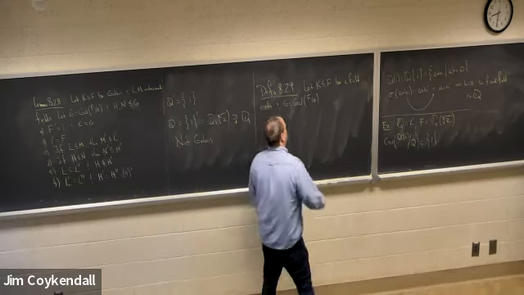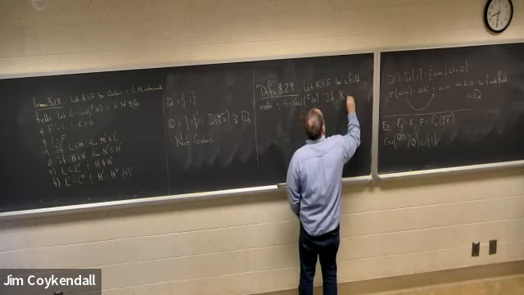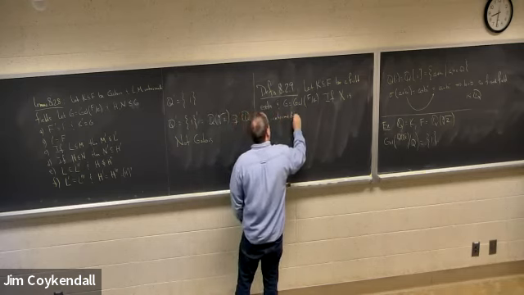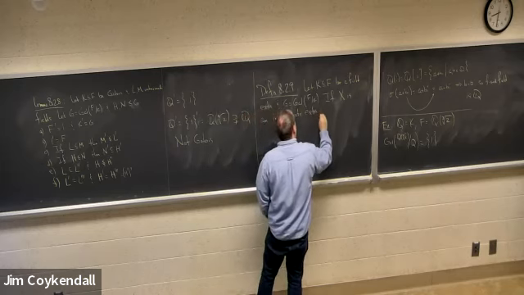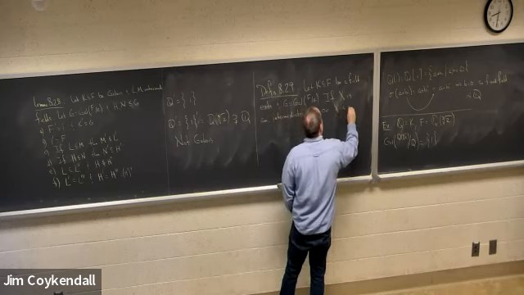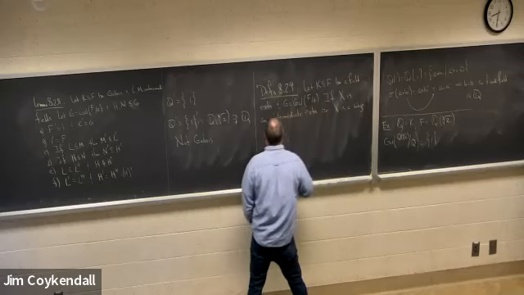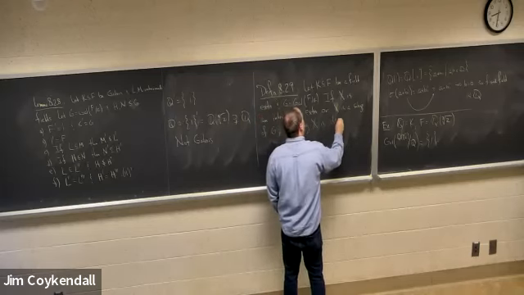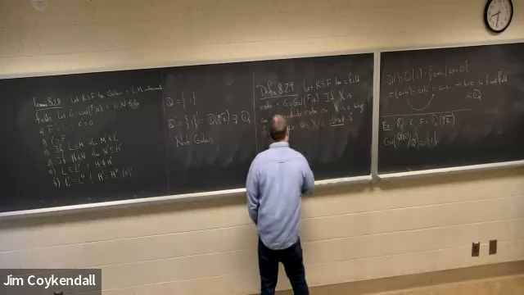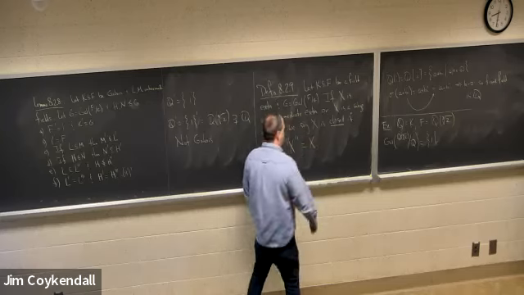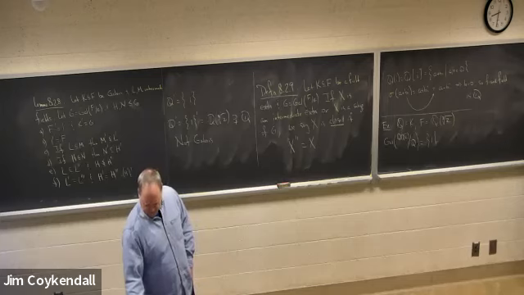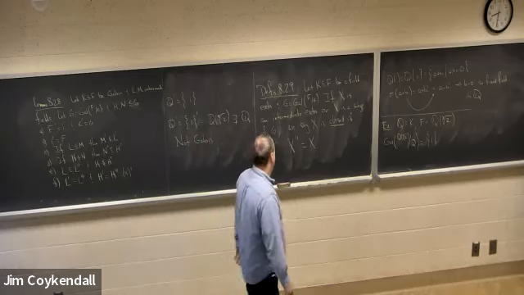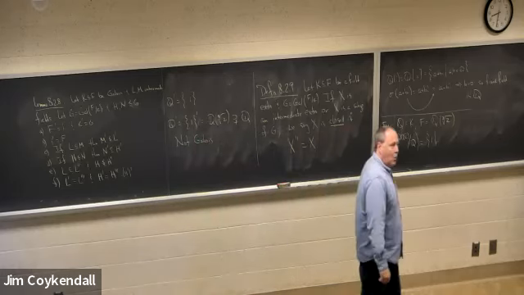If X is an intermediate extension, or X is a subgroup of G, we say X is closed if X double prime is equal to X. We know that X double prime tends to get bigger than X, right?